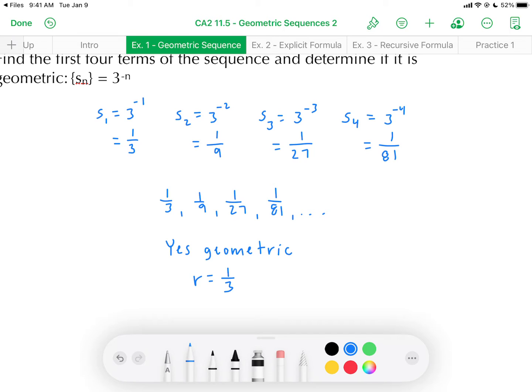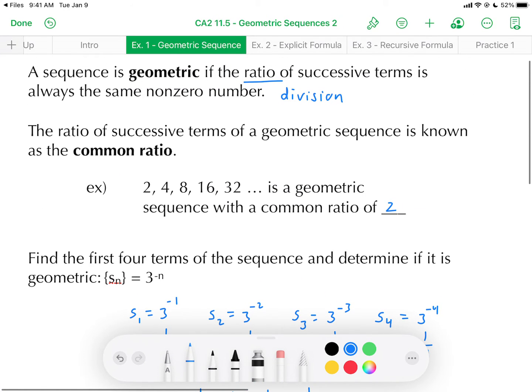You understand why they call it a common ratio, though? Like if I take the second term of 1/9 and I divide it by the first term of 1/3, that tells me what R is. Okay, 1/9 divided by 1/3 would be 1/3. No, not necessarily. Again, if we look at this one up here, it was a whole number like that.